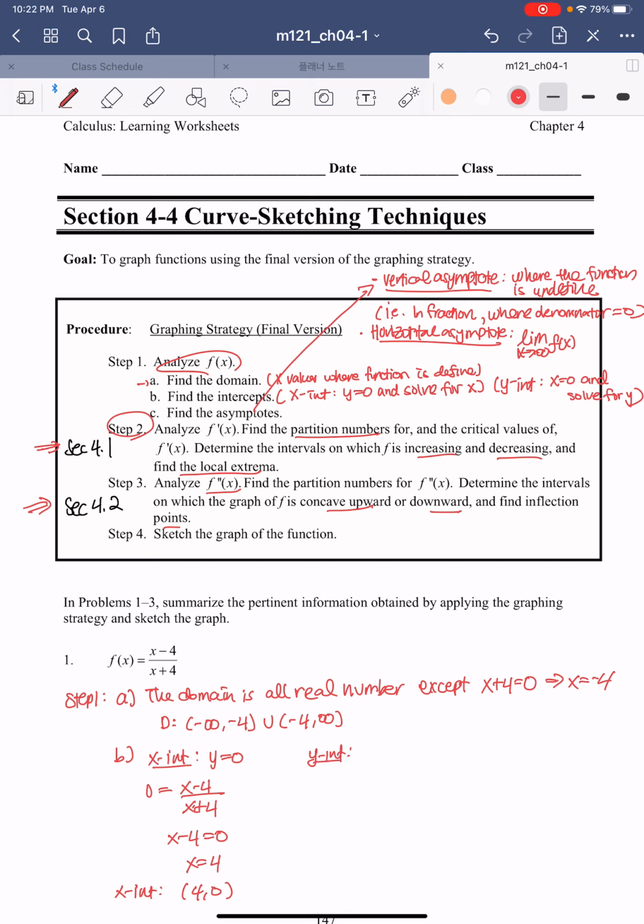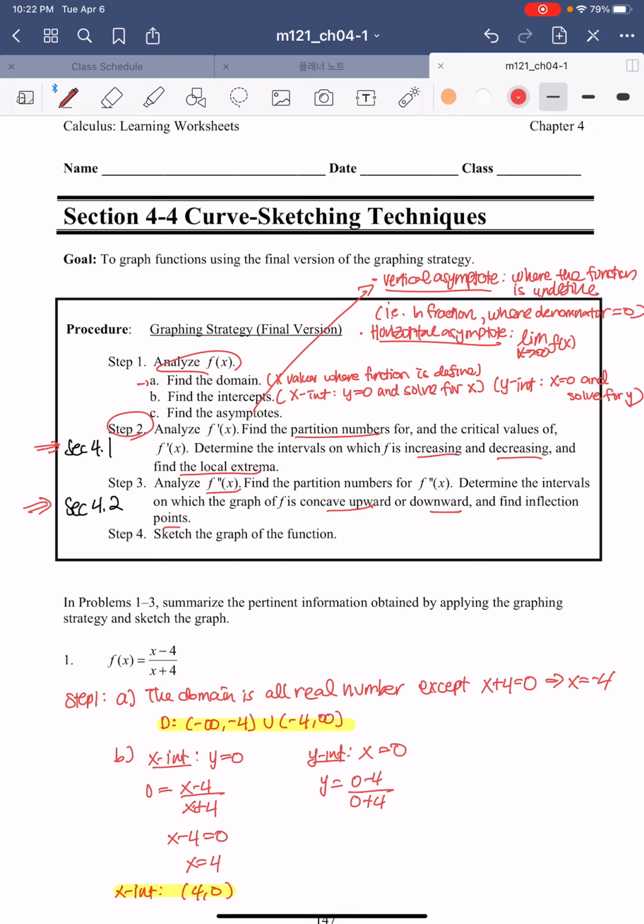The y-intercept is when x equals 0. I'm also going to start highlighting what we've found: the domain and the x-intercept. So we let x equal 0, giving 0 minus 4 over 0 plus 4.